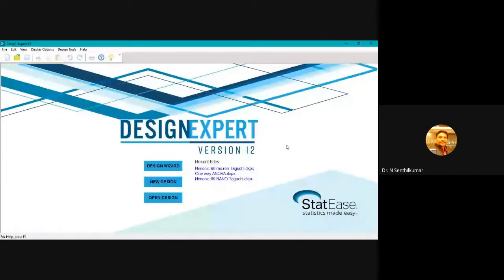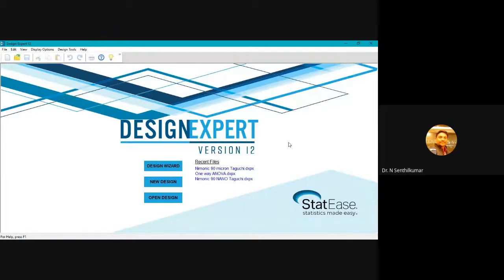These two techniques are very important in optimization, and you can see n number of papers in Elsevier or Springer journals involving chemical engineering process optimization using them. Today I am going to solve problems in both Taguchi's optimization and response surface methodology.